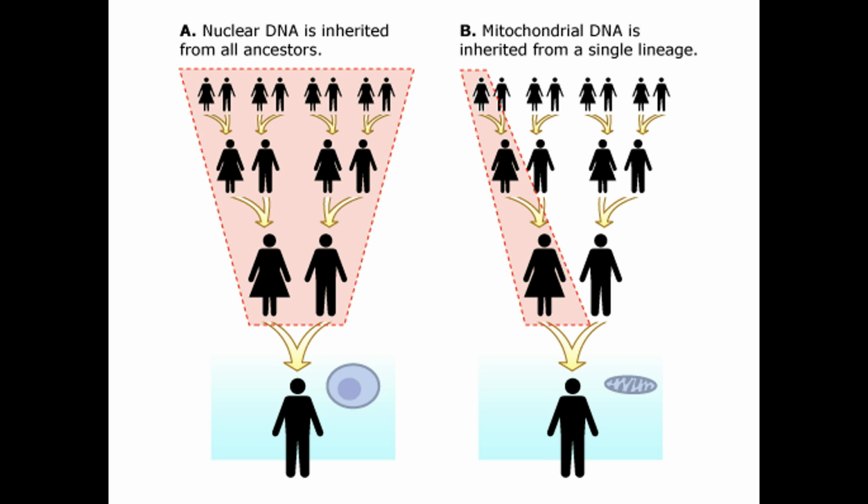This is showing you that nuclear DNA is inherited from all ancestors, both our grandfather and grandmother on both sides of the family, our parents, our parents' parents.